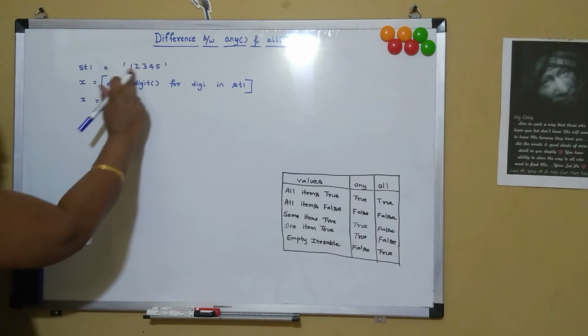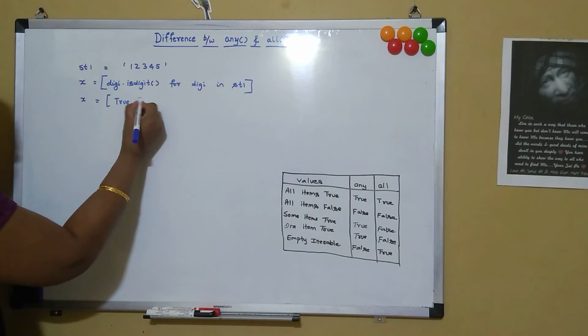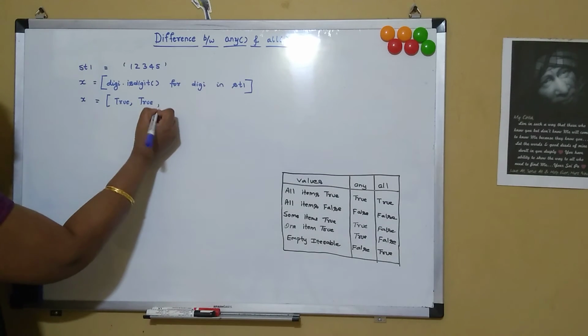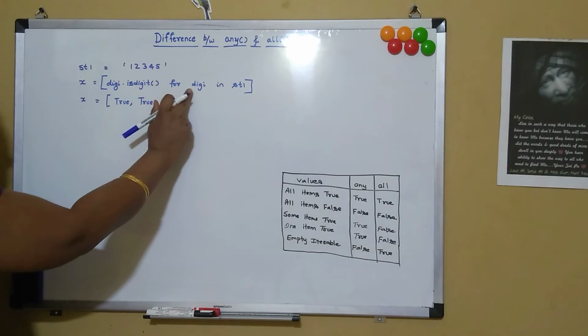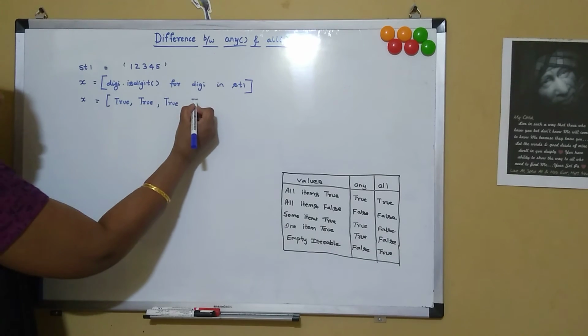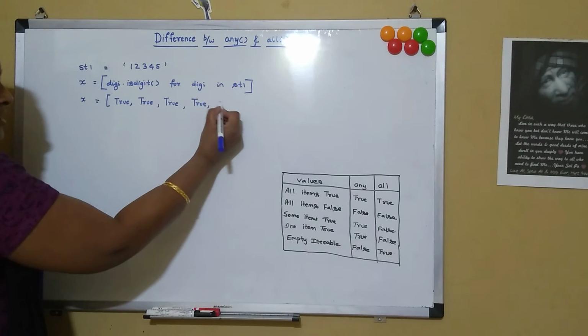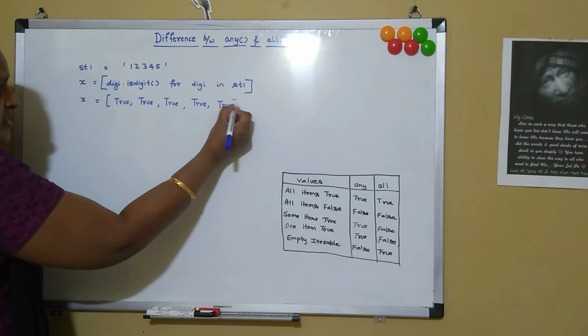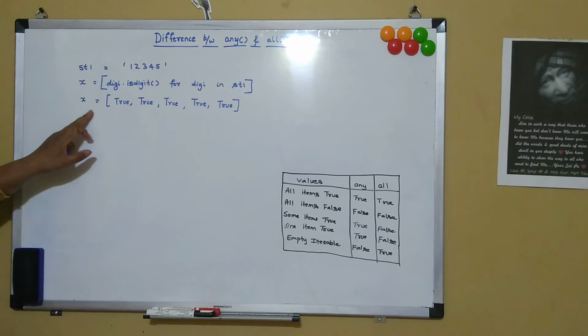Then digi takes 2. 2 is digit? Yes, 2 is a digit. So it gives the value true. 3 also is a digit, so it gives true. 4 also is a digit. And 5 also is a digit. So our list will be created with all true values.